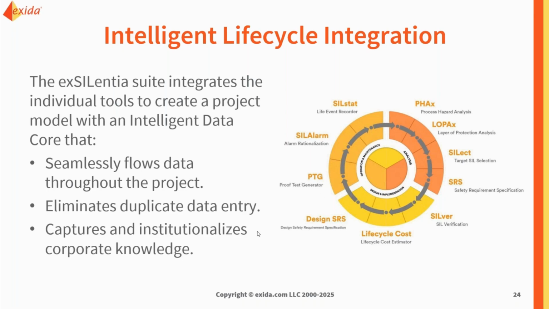So we can go from doing the hazard and risk assessment, either from the safety side, and we have the cyber equivalent that can use the same tolerable risk that safety uses, which is our cyber facts tool. And then you can feed into the LOPA tool. So you can automatically pull any scenarios that you've identified as you go through the PHA as a LOPA candidate, and then do the layer of protection analysis with the SIL selection.